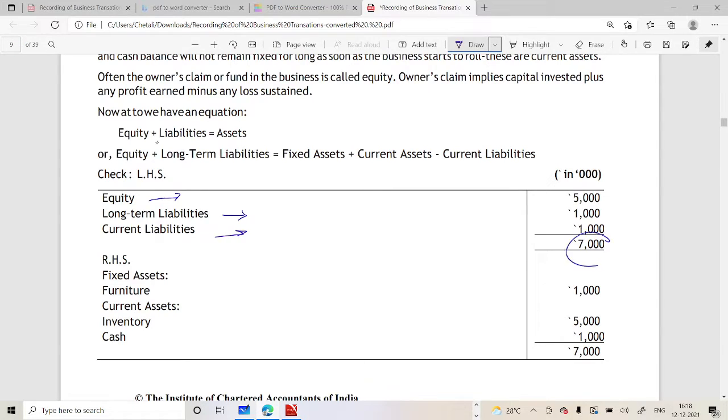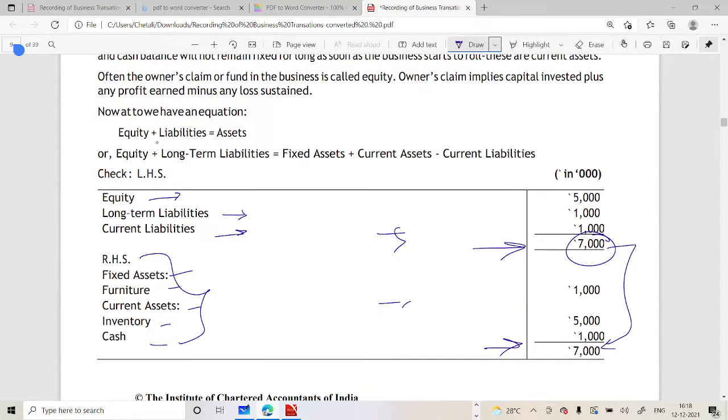Then out of this we debit all the receivables, then fixed assets, furniture, current assets, inventory, and cash. Eventually it should tally, it should match. If it does not, then definitely we have forgotten to record some transaction, maybe in the balance sheet, maybe in that particular account.